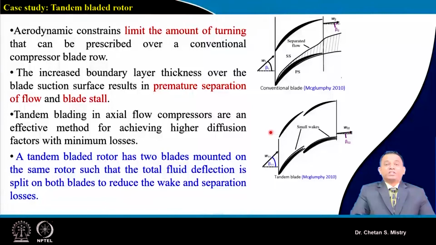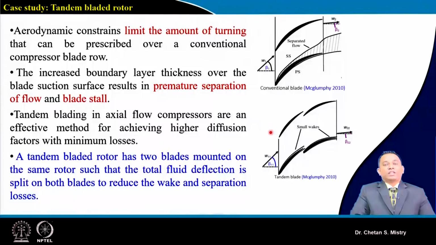We have discussed that to improve per stage pressure rise, we need to go with a larger diameter, or a larger rotational speed, or a higher axial velocity. We have discussed the challenges with all these aspects.